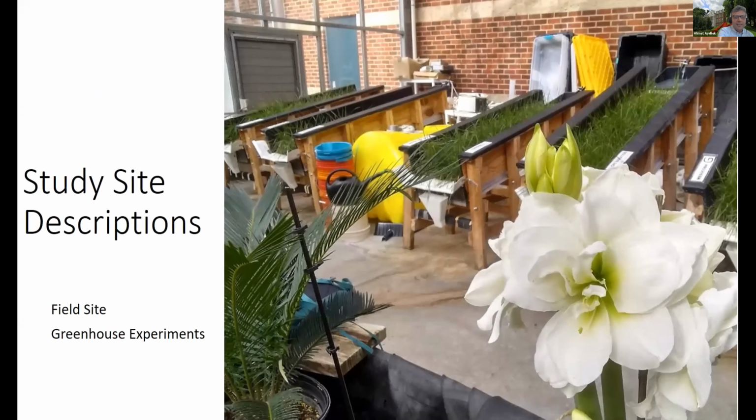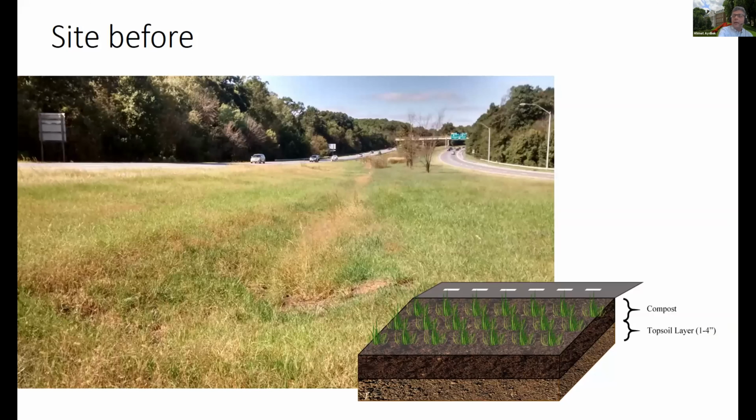So study site descriptions. These are the pictures of the mesocosms in the greenhouse field studies. This is the site on exit 38 on I-95, which is basically Highway 32. We had a site here many years ago, conducted a study. So we basically adopted that because we had the instrumentation.